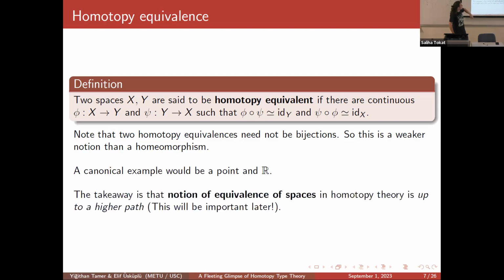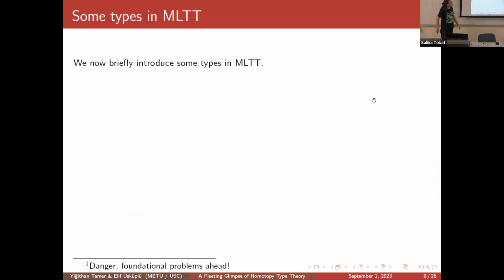So this notion of equivalence of spaces is up to a higher path, up to a homotopy. And these need not be bijections, so it's a weaker notion than a homeomorphism. So the standard example here is actually an ideal, nice exercise to do yourself. So you can see how the real numbers and a point are actually homotopy equivalent.